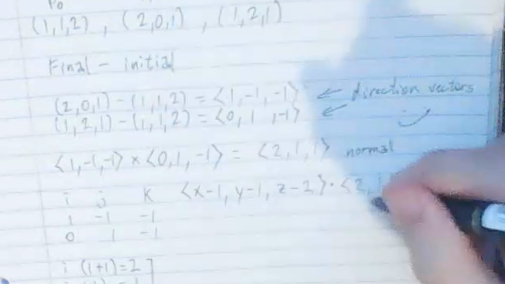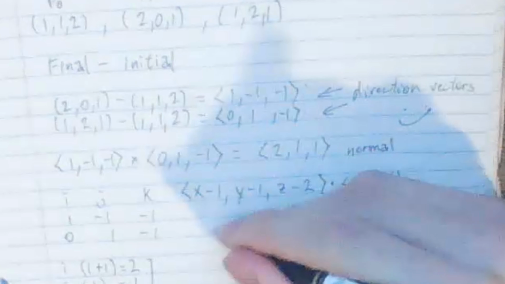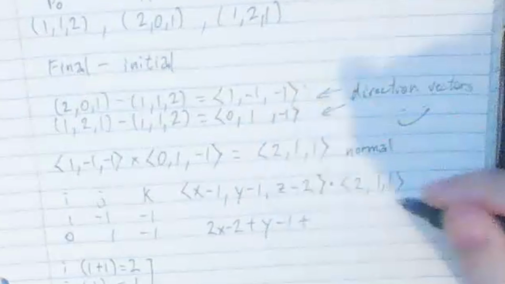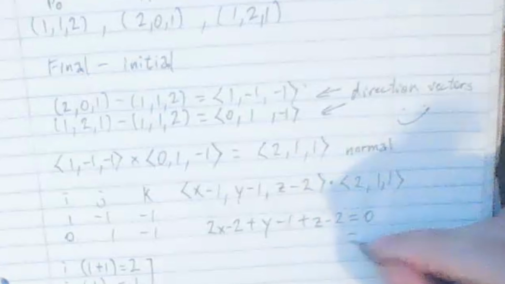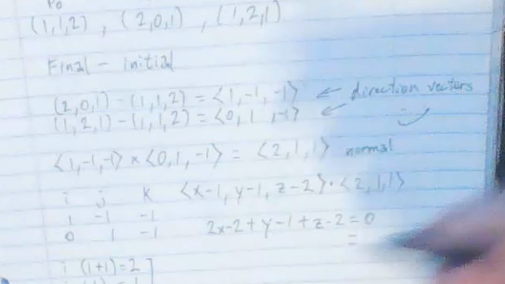Now that we've done that, the dot product is pretty easy. It's going to be 2 times x minus 1, plus y minus 1, plus z minus 2, equals 0. Now we're going to move all of our non-variable numbers, our constants, over to this side.